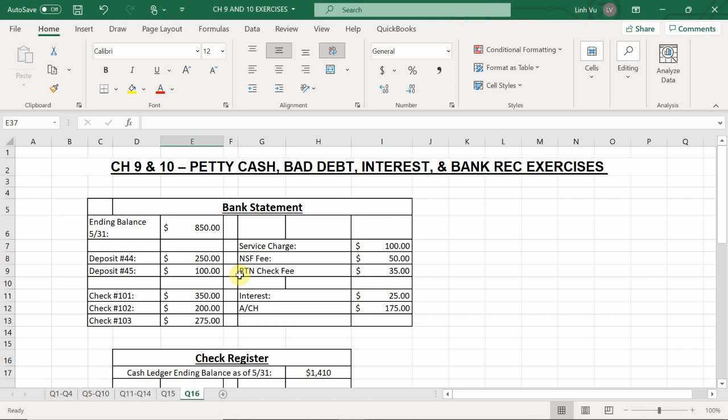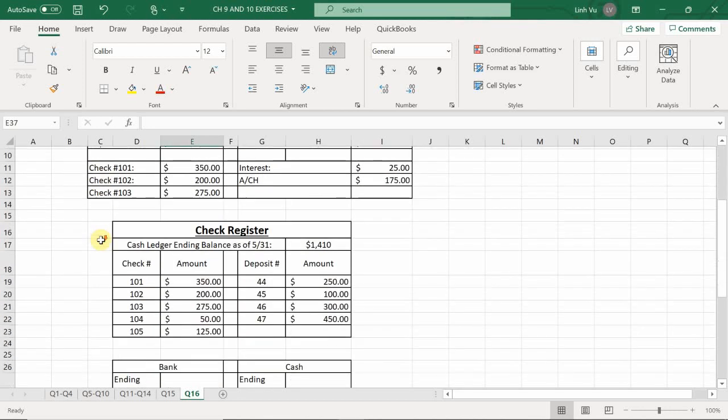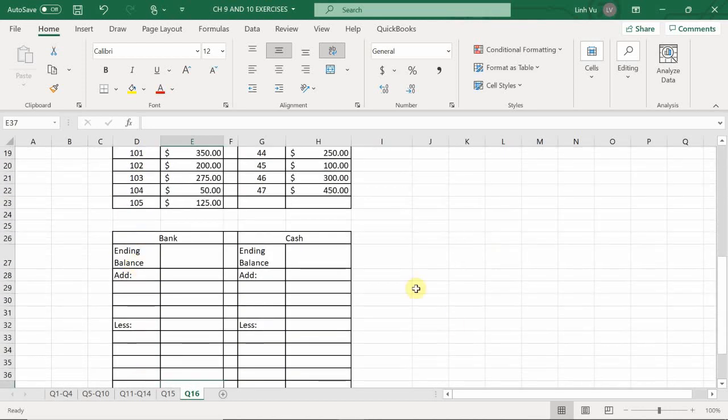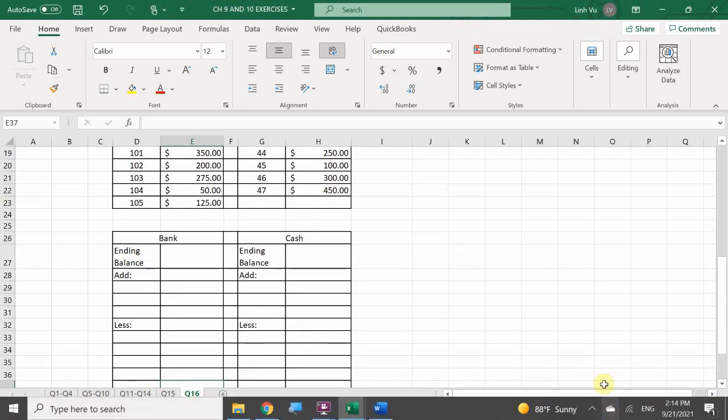On the bank side, you're only focusing on your do's, which is your deposits in transit and your outstanding checks, while on your cash side, you're only going to be dealing with your ifs, which is your interest and your fees. So this is going to be a great example of what it should look like. I'm going to give you a table that's your bank account, and then a table that's your checking account, and then another table for you to be able to solve for the adjustments here.